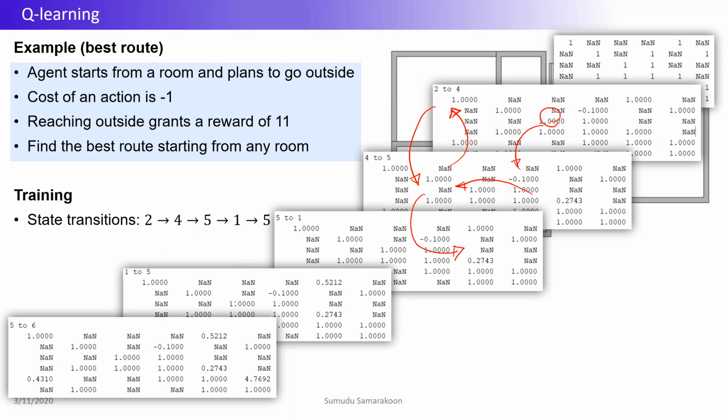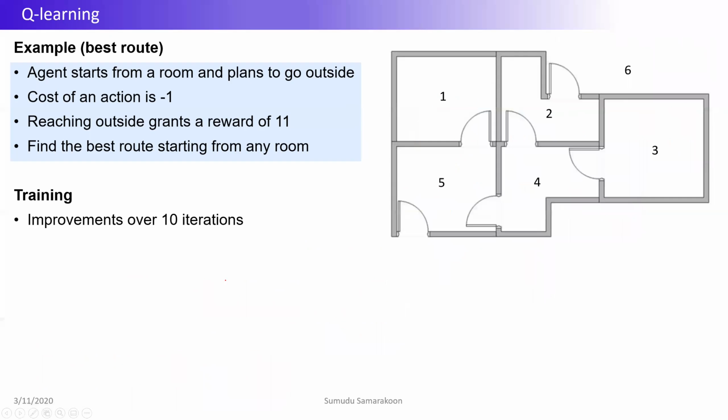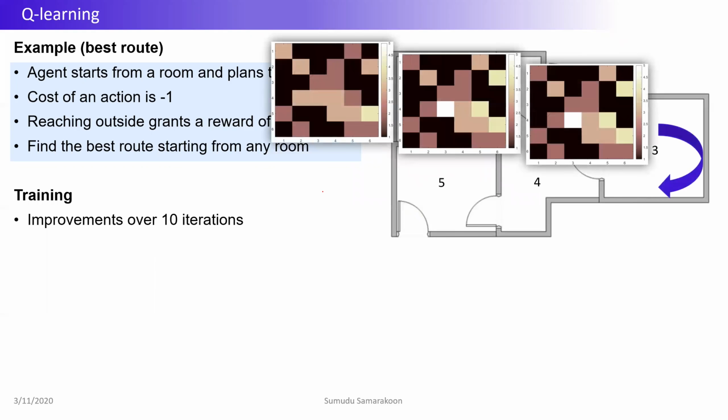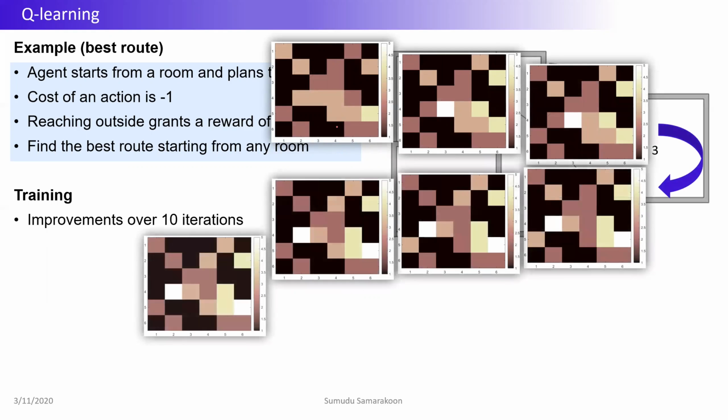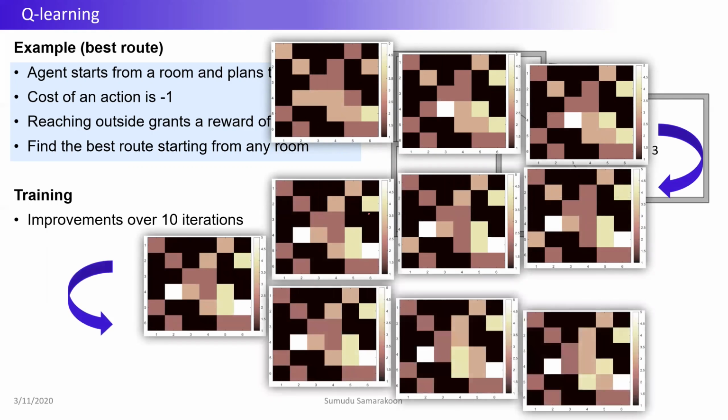Next, I ran similar training iterations over 10 times, and the results after each iteration are shown in these figures. For a clearer representation, I have scaled the Q value matrix.